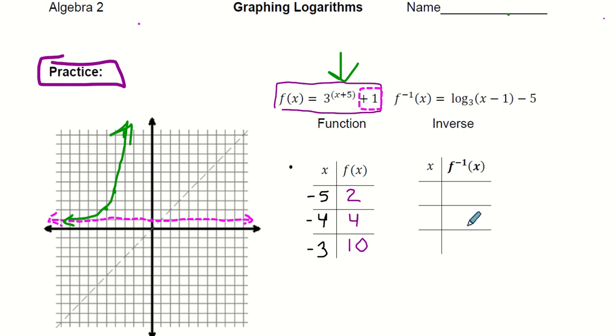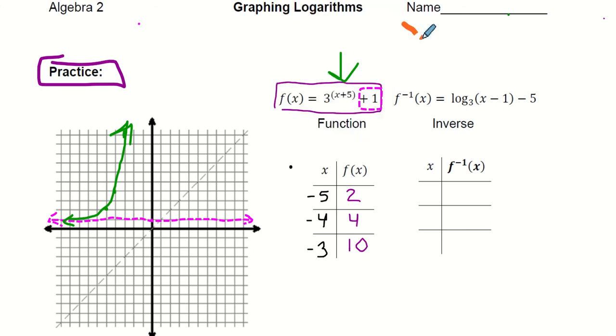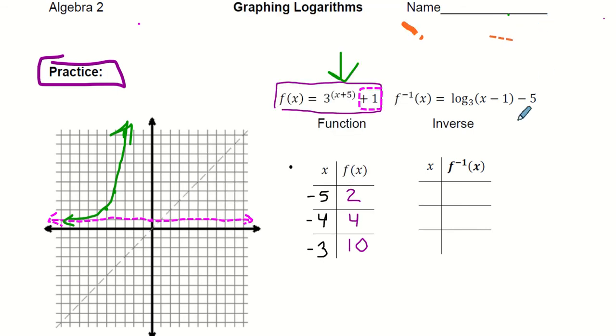So before I even do the points here, what I'm going to do now, and I'll do this in a different color, is the vertical asymptote for this one. So remember, this had a horizontal asymptote at 1, which we would say is y equals 1.